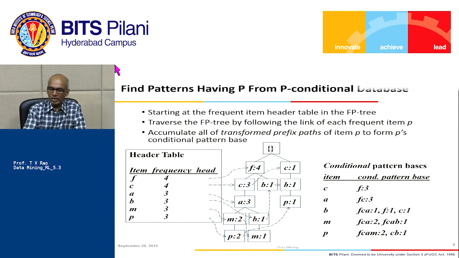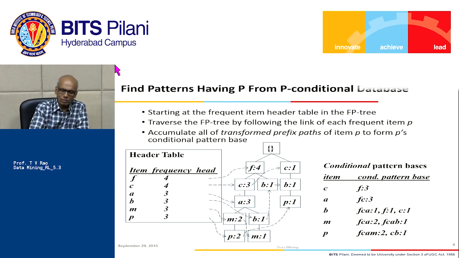So now if we look at item C and what are all the frequent items in which it can occur, what we notice is that F is occurring with it 3 times. That represents the conditional pattern base of C, which we found only by traversing above.